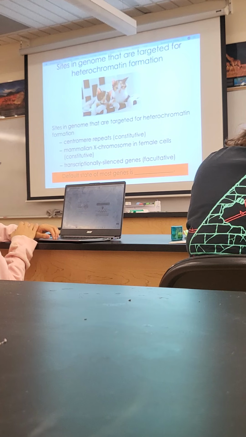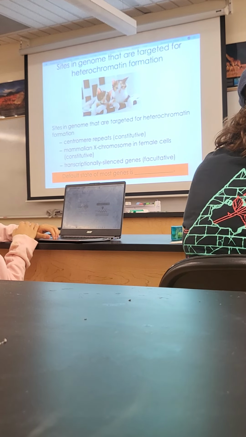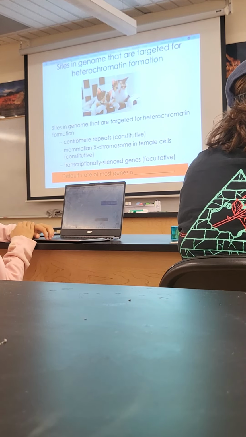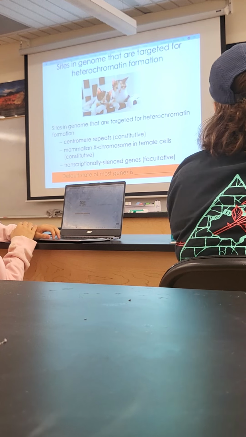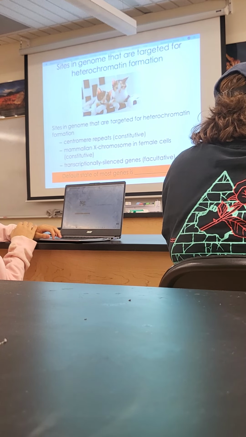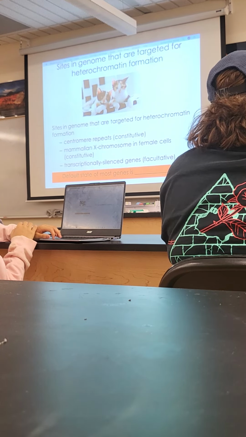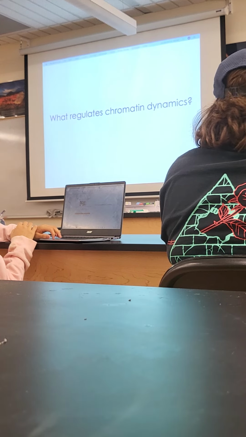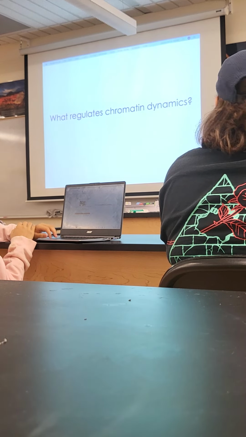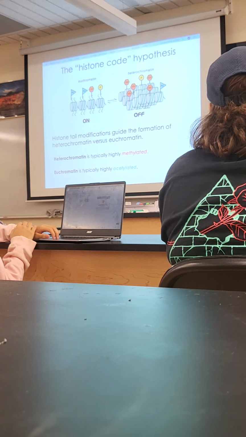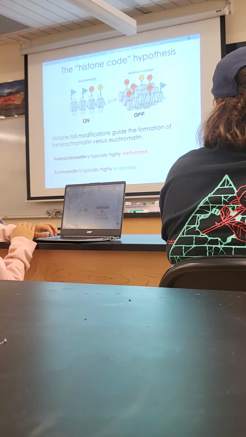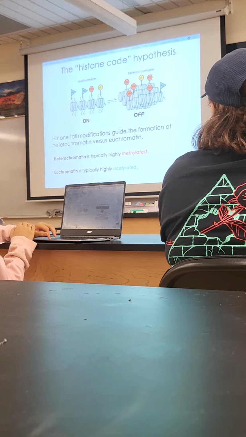So how do we switch then? If you are already turned off and you want to turn on, you have to somehow tell the nucleosomes to change their shape. So how is that determined? What regulates chromatin dynamics? So the idea is that there's actually a code. It's called the histone code hypothesis.